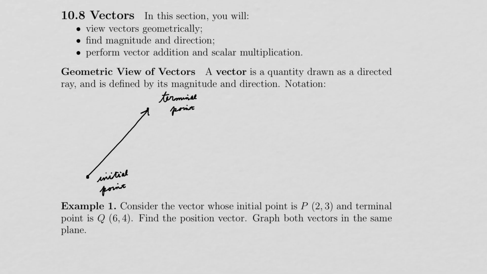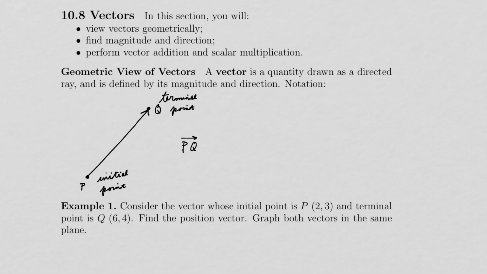Now you can label these points, and definitely mathematicians, engineers, and physicists have different notations for vectors, but let me try to stay with the notation that'll be used in my math. So let's call the initial point P, and the terminal point Q. Then this vector you can write as PQ, and you put an arrow over it to represent the fact that it's a vector.